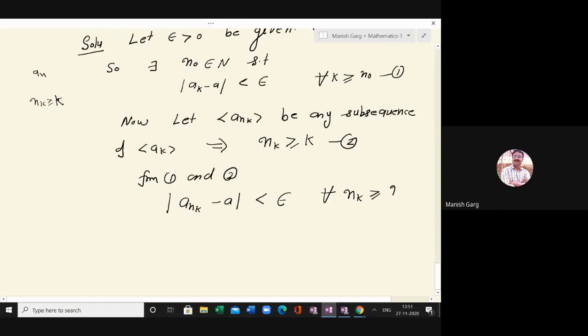You can also write n_0, because n_k is always greater than k. So from here, a_{n_k} converges to a. So every subsequence converges to the same point. But the main point is here.